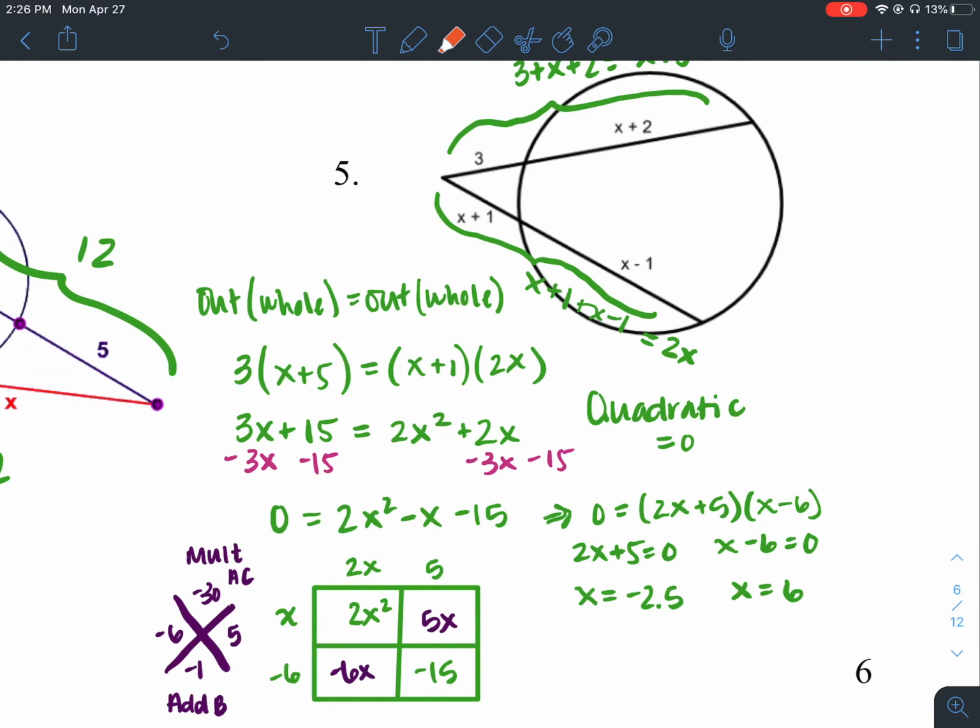So I'm going to start by testing the negative 2.5 and say, okay, if I use negative 2.5 in this segment that I just highlighted in orange, I have negative 2.5 plus 2. That's going to give me negative 0.5 back. That's a problem.